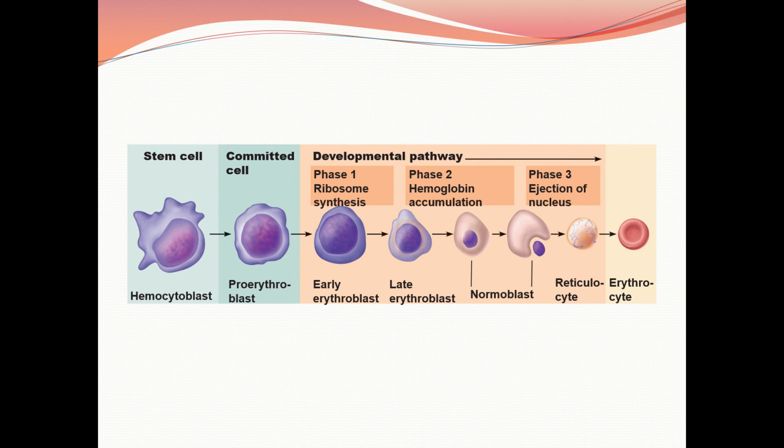And so in phase 1 is ribosome synthesis of the early erythroblast, and then in phase 2, hemoglobin accumulation occurs in the late erythroblast and normoblast. In phase 3, the ejection of the nucleus occurs in the normoblast, and a reticulocyte is formed. Finally, the erythrocyte is matured and can start its function.